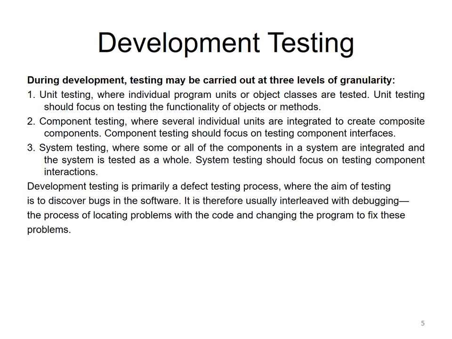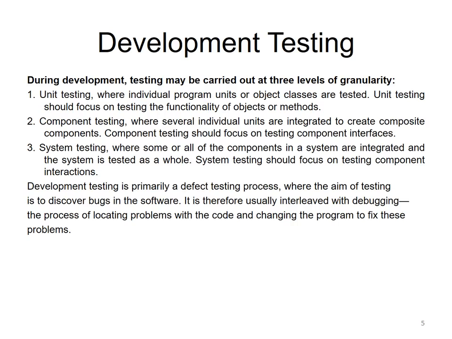During development, testing may be carried out at three levels of granularity. Number 1. Unit testing, where individual program units or object classes are tested. Unit testing should focus on testing the functionality of the objects or methods. Number 2.